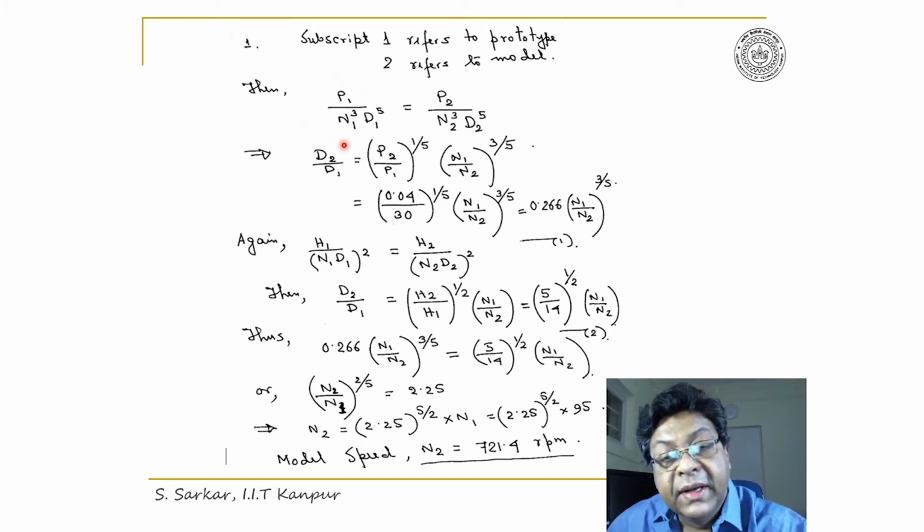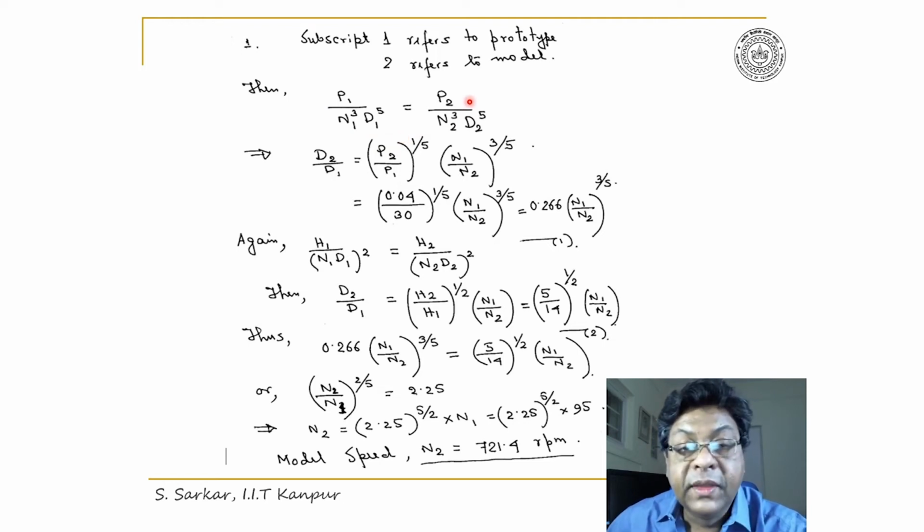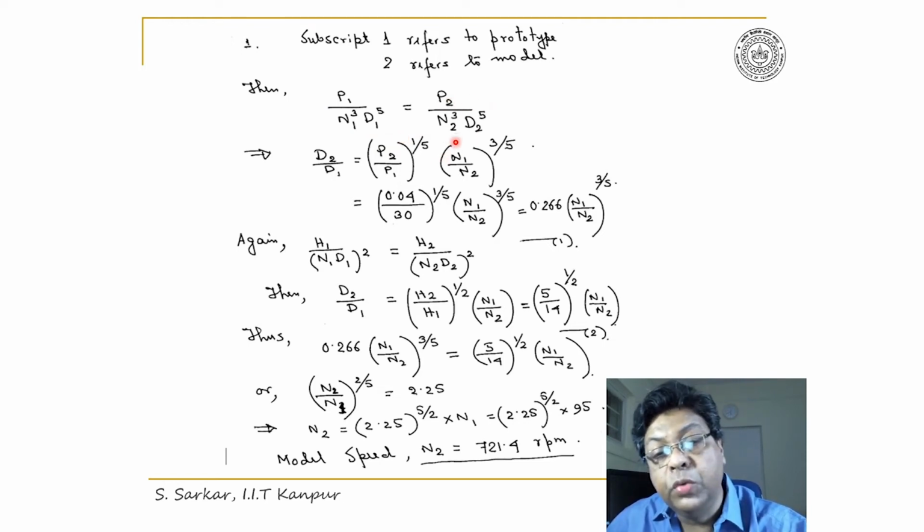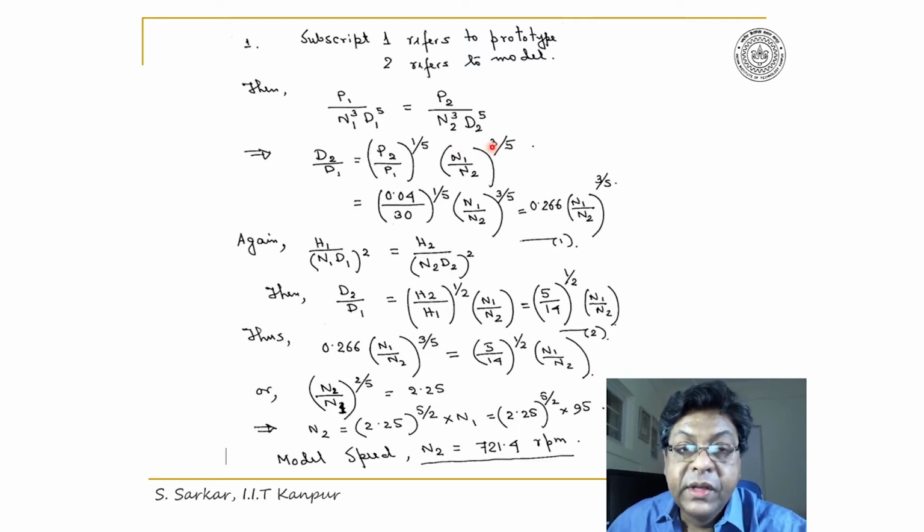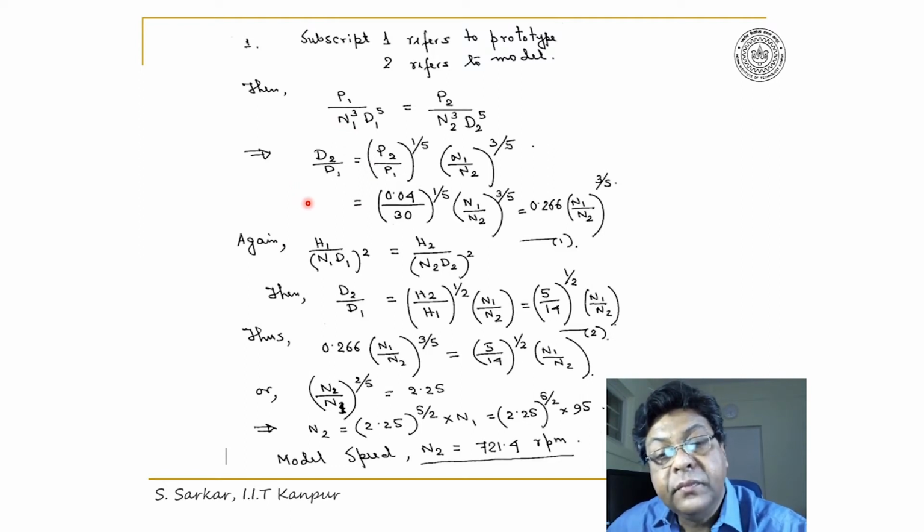So one can easily write from the similarity rules that P1 divided by N1 cubed and D1 to the power 5 is equal to P2 divided by N2 cubed and D2 to the power 5. So from this relation, I can express the ratio of D2 by D1 as P2 by P1 to the power 1/5 and N2 by N1 to the power 3/5.